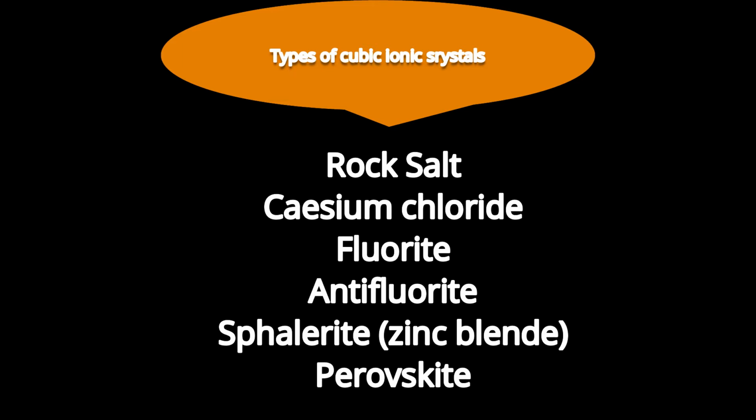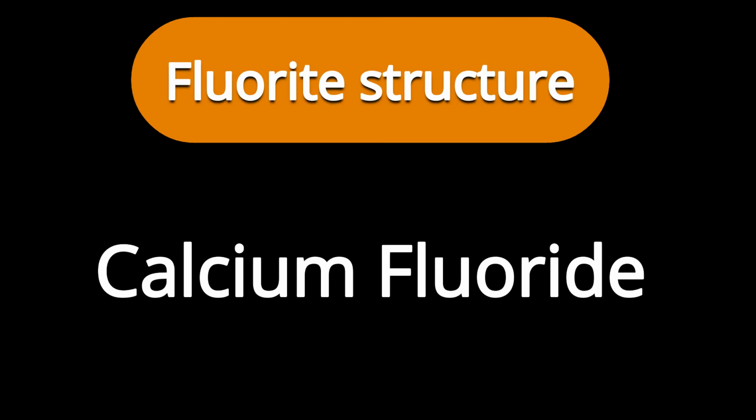Number two, cesium chloride. Number three, fluorite. Number four, antifluorite. Number five, sphalerite, of course, zinc blende. Number six, perovskite structure. Let us learn in this part the fluorite structure.